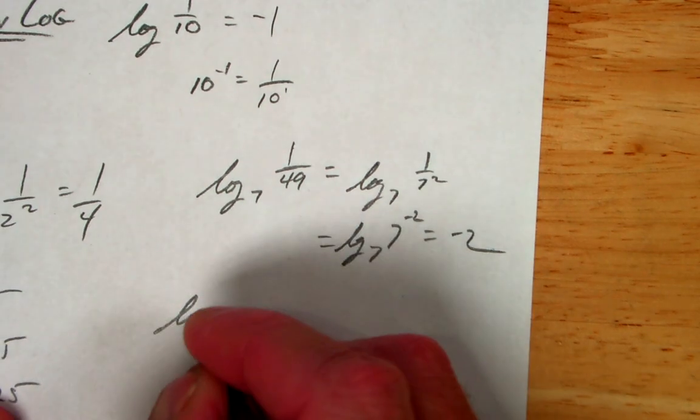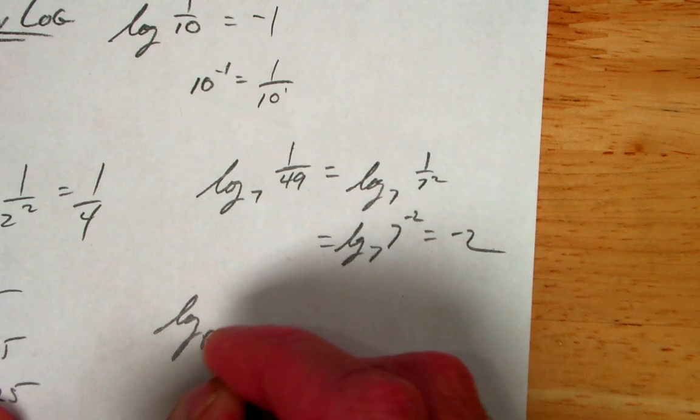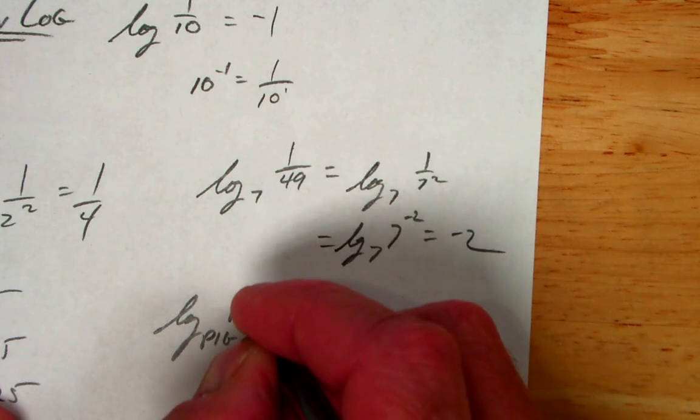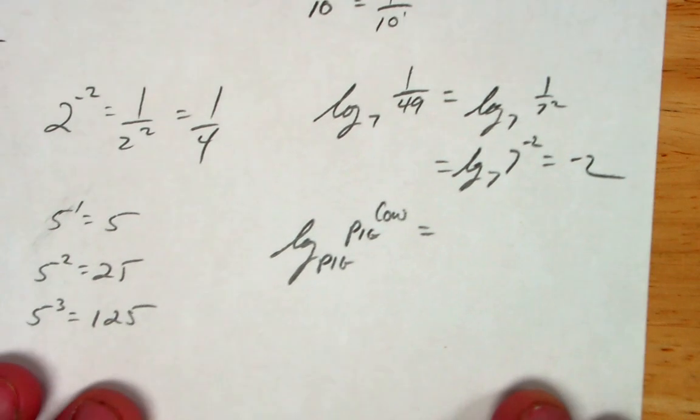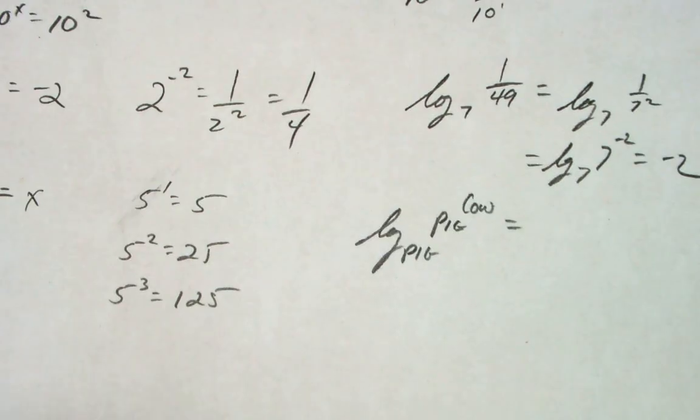Log base pig of pig raised to the cow power. Negative? No. Negative means I would divide. Exactly.